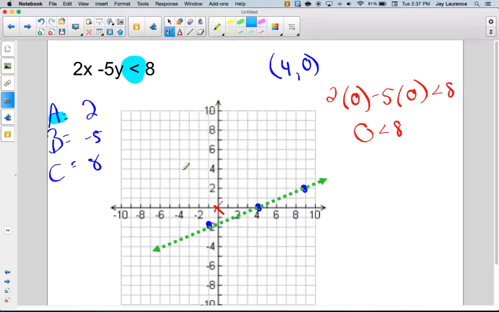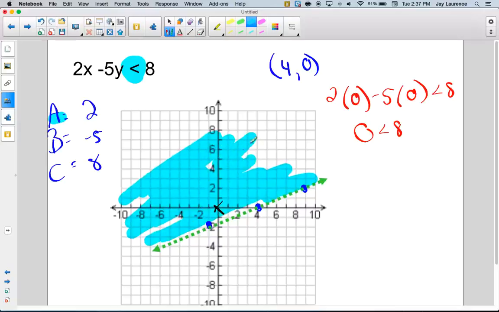Now I'm not going to go and test it again on the other side. I'm going to trust my math and check for mistakes. Every single point on this side of the line will result in a true statement in the inequality.